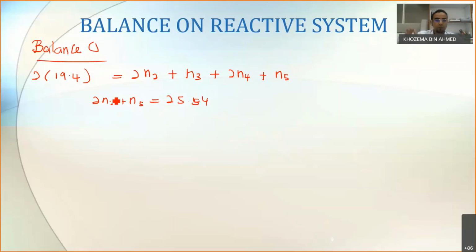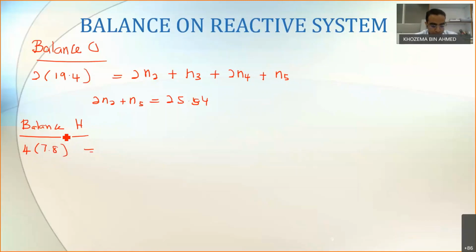So in order for me to solve this equation, I will do a balance on hydrogen. Hydrogen I have in my input side, which is CH4. So I have 4 atoms of hydrogen in every 1 molecule of methane, times the mole of methane, which is 7.8.